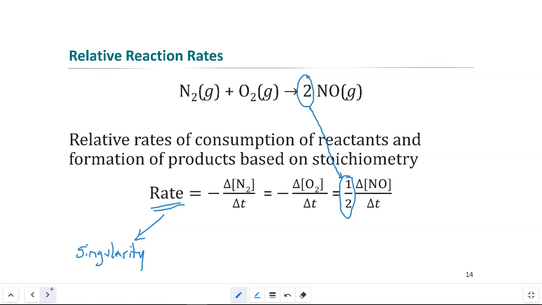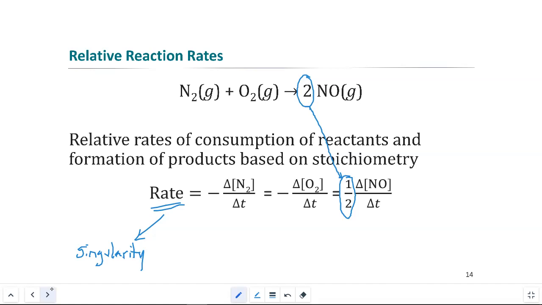If I have one molecule of something that is reacting, what is the rate of that reaction? Or if I have 1 mole of reaction, what is the rate of reaction? Rates of reaction, rate laws are always calculated that way from a singularity standpoint. And so if our reaction coefficient is double or triple or whatever, we have to understand that that is going to be double or triple or whatever the actual rate of reaction.